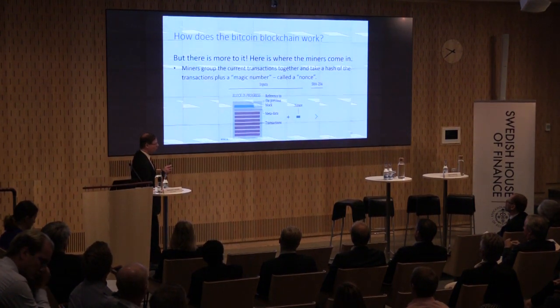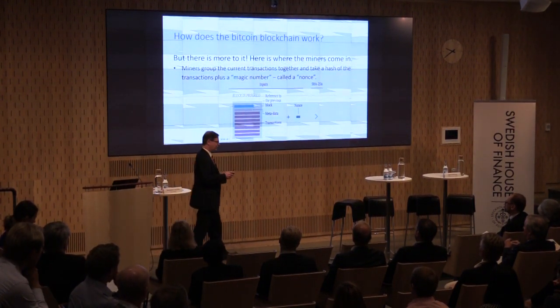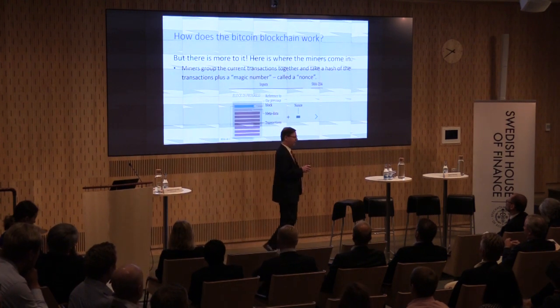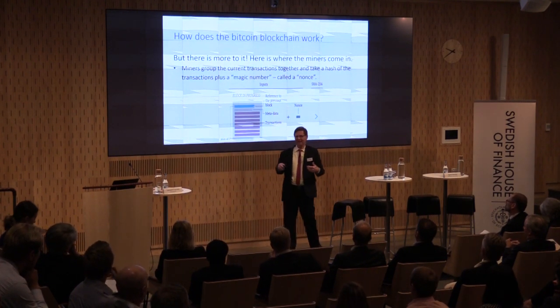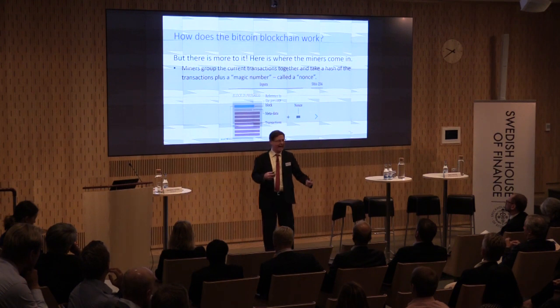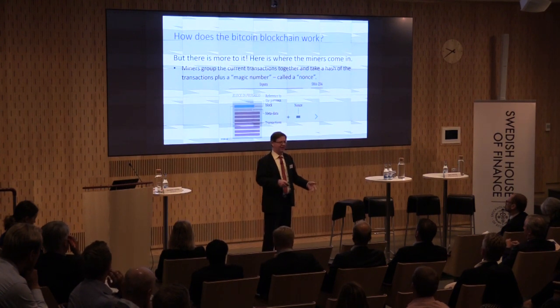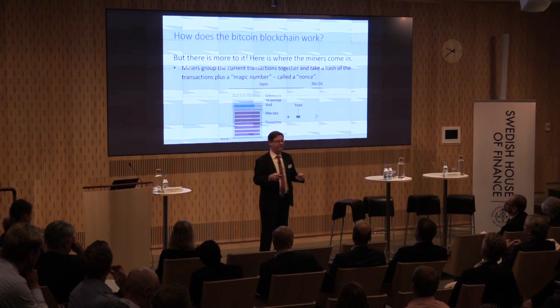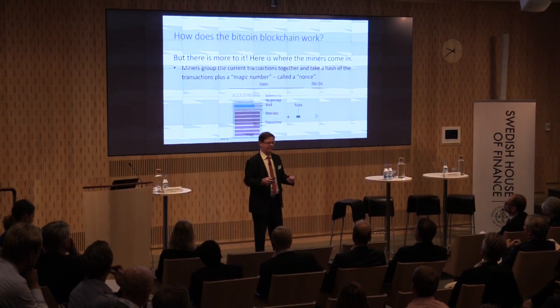Okay, so there's one additional thing that I haven't told you that I'll tell you right now. It's not as simple as just doing a hash of the block and then repeating it at the top. What we actually do is look for a very special hash.